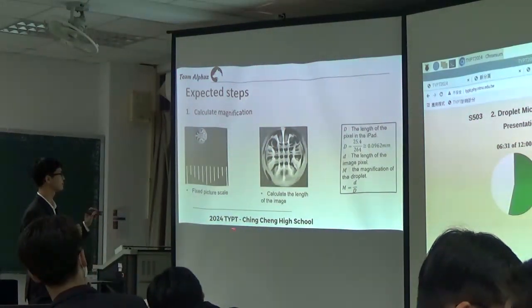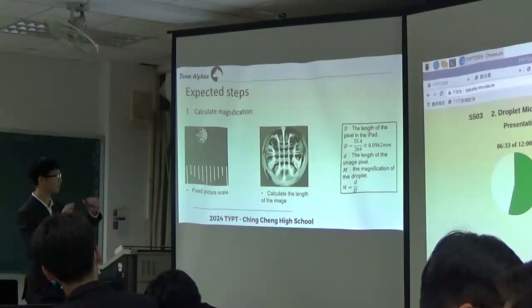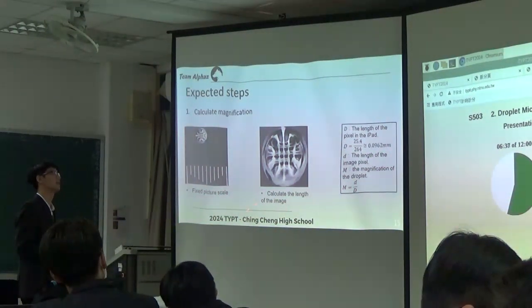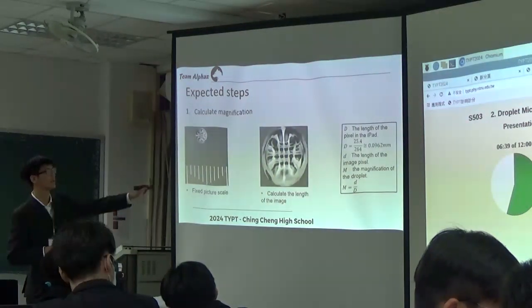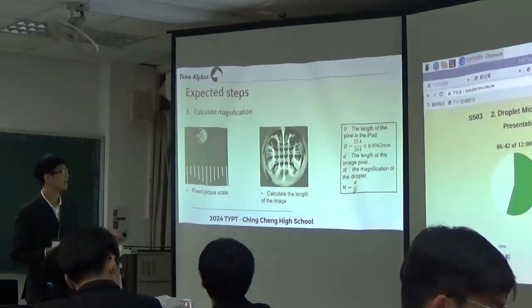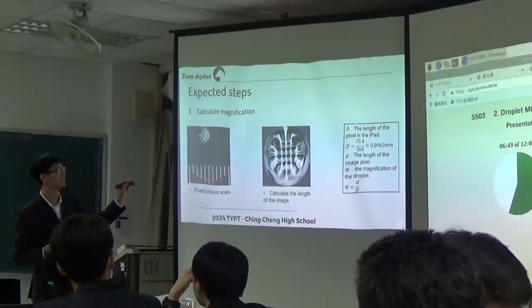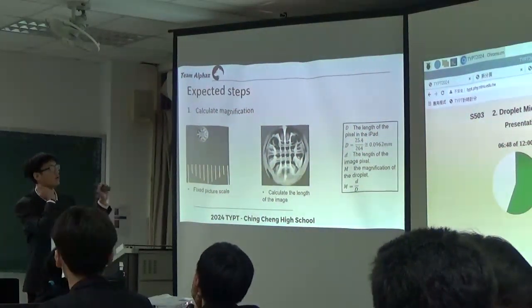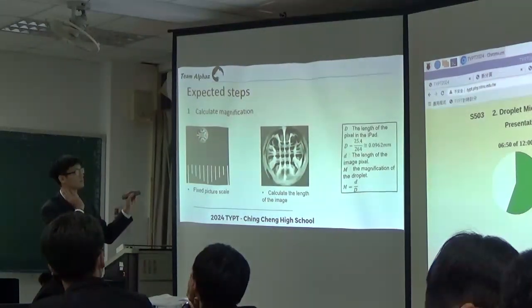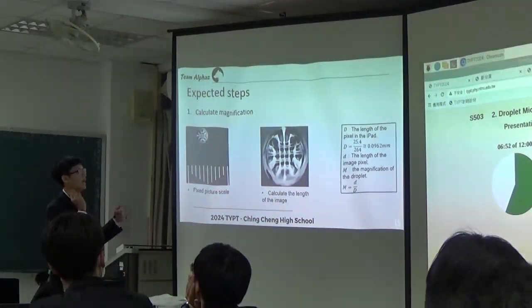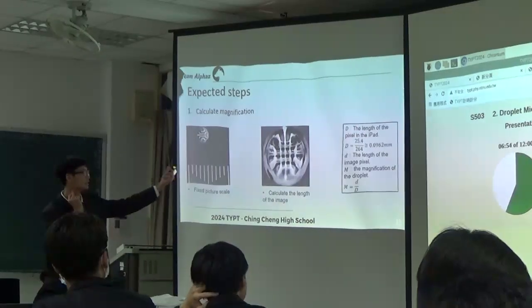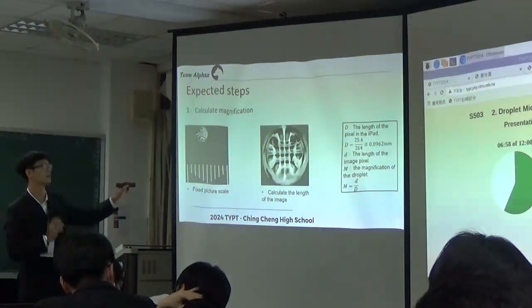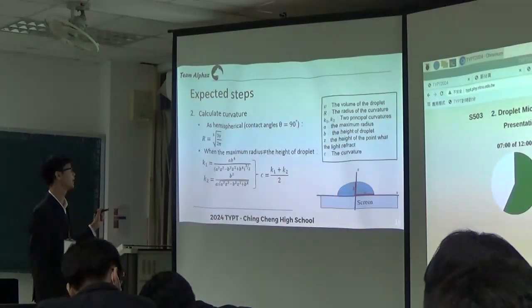First, we fix the picture scale in our picture, then calculate the length of the image. Because in the iPad screen, the pixel size is this many millimeters, we calculate the length of the image. We multiply the length, and can get the magnification of the droplet.